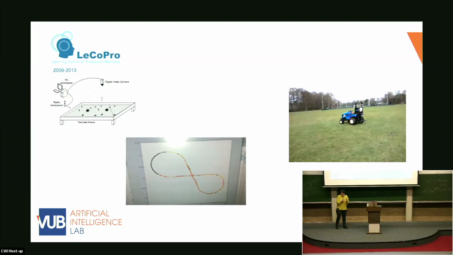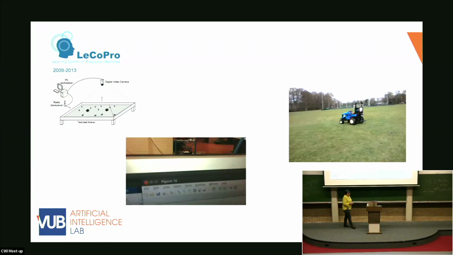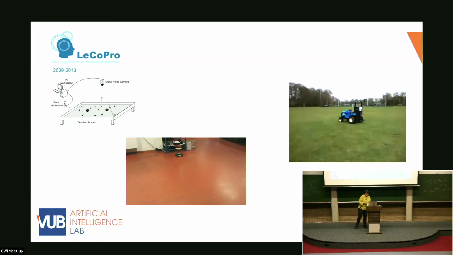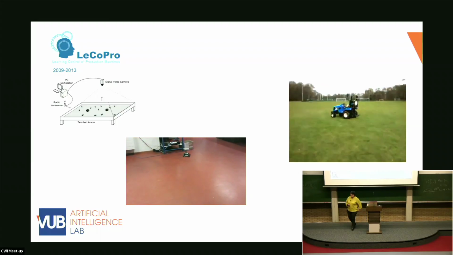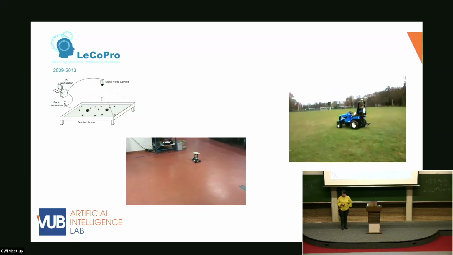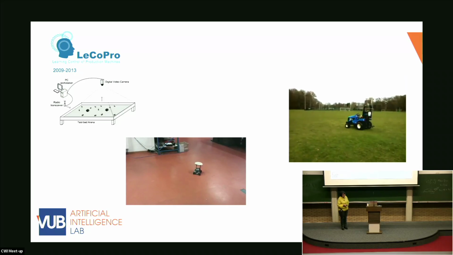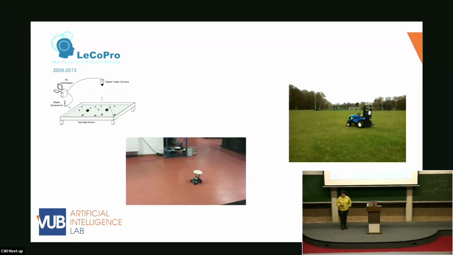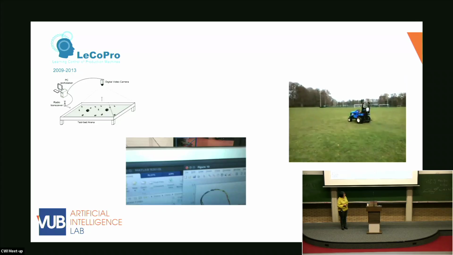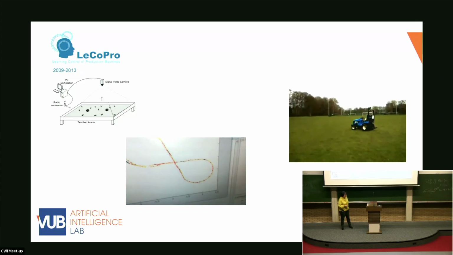So in the lab, everything went fine when we were testing it, but we also did this on the field with this tractor, and as I already said, it never managed to learn something sufficiently decent to be deployed, but this was due to the GPS signal that was experiencing too much delay.